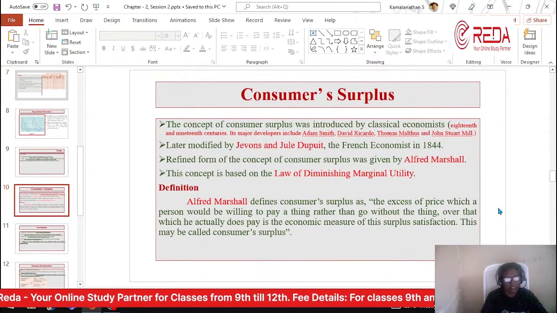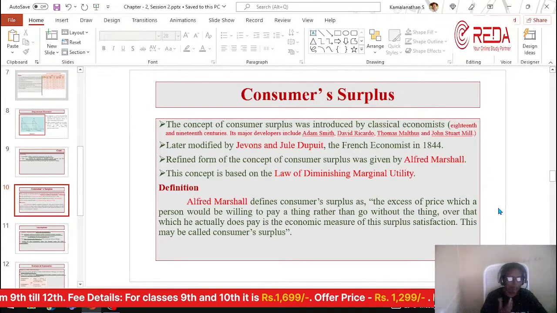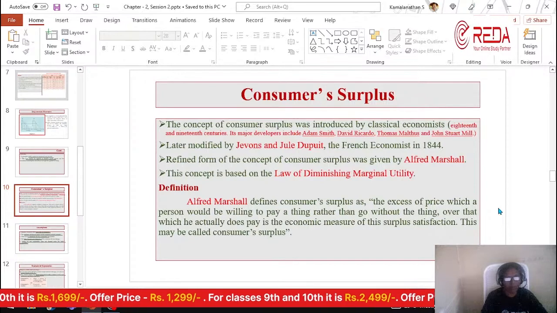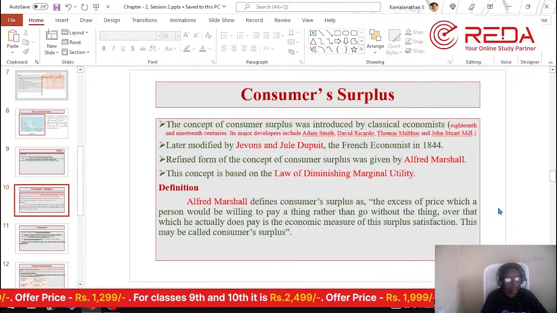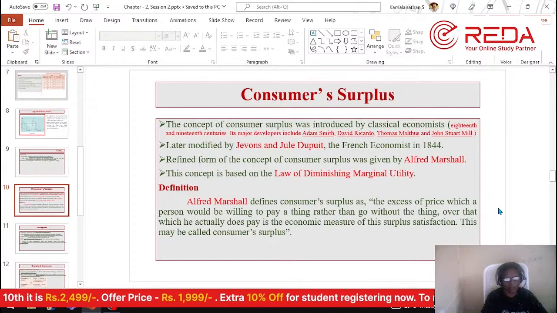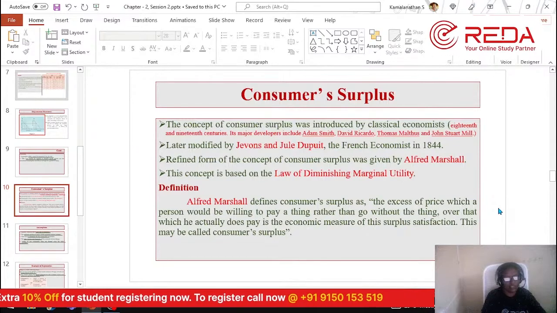Then, apart from the law of equimarginal utility, we have some other concepts to analyze consumer behavior, the consumption level of an individual or group of people, which we call consumer surplus. This concept of consumer surplus was introduced by classical economists. There is much difference between classical and neoclassical economists.